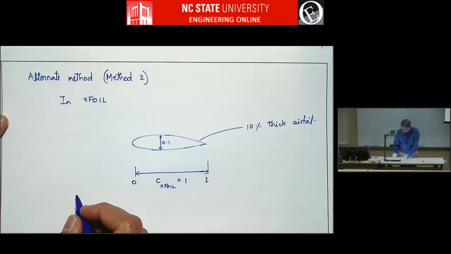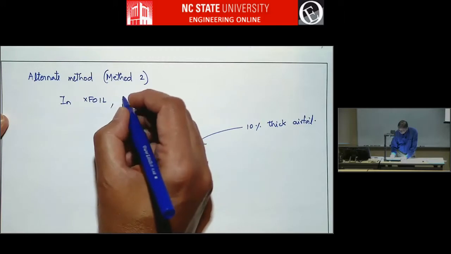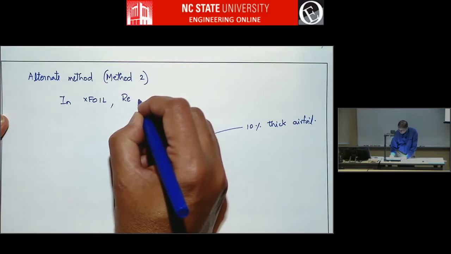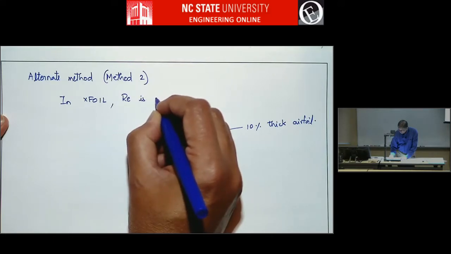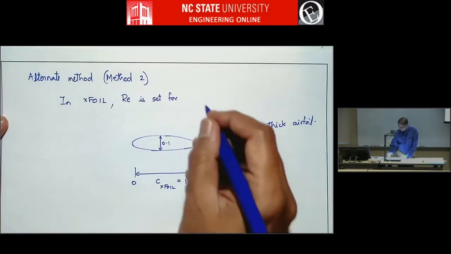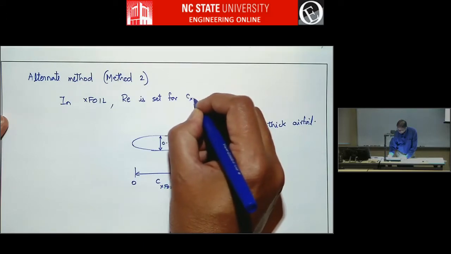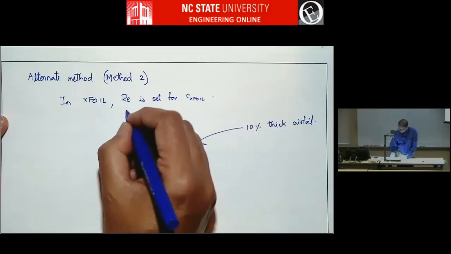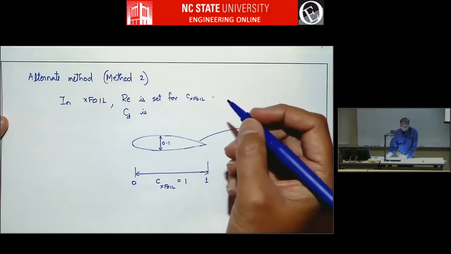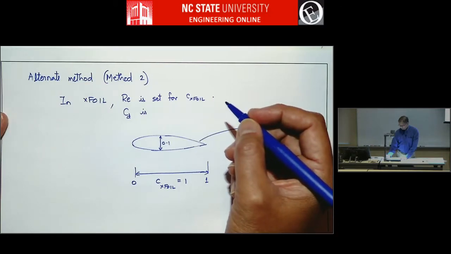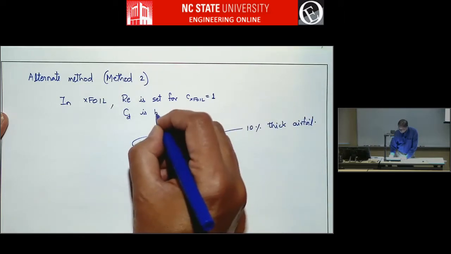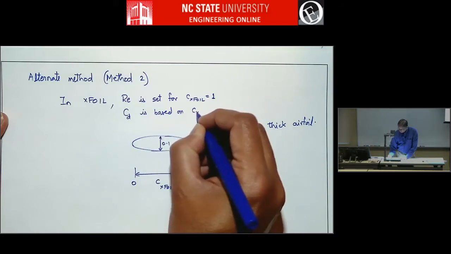So X-foil actually, RE is really set for C X-foil equals 1 and CD is based on C X-foil equals 1.